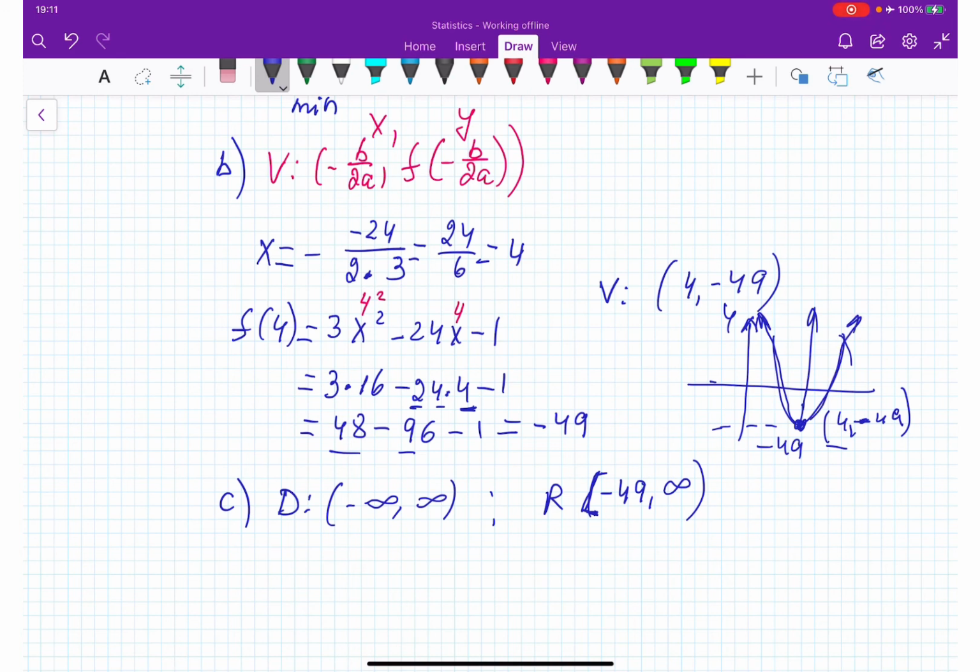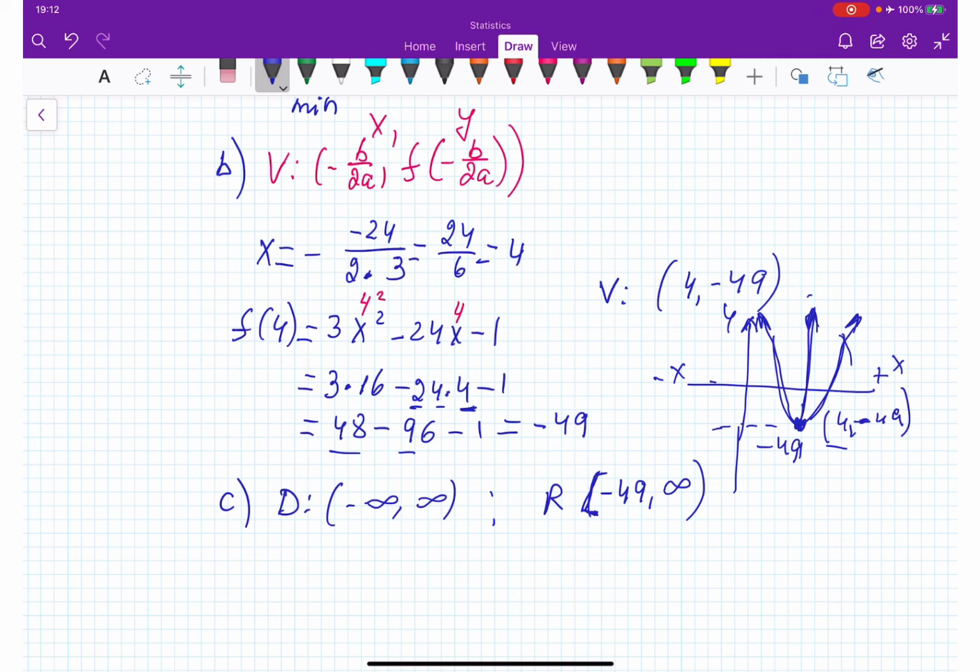So we have negative x, we have positive x, and since it's running to infinity, it will hit negative infinity and positive infinity. While the range, which is y, has no other value below negative 49, right? The minimum starts at negative 49, and then it's going up. That's why.